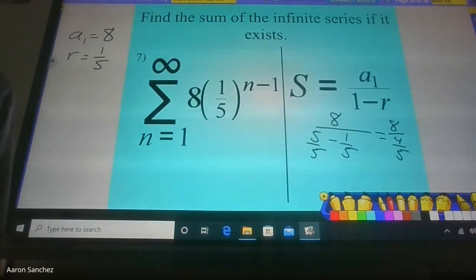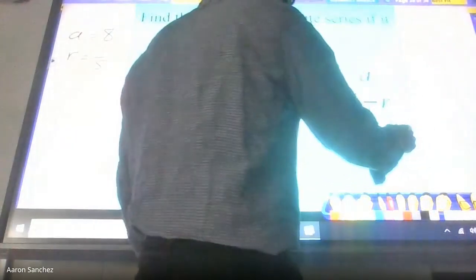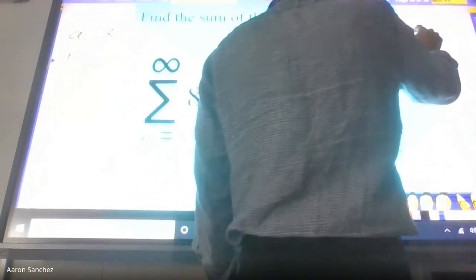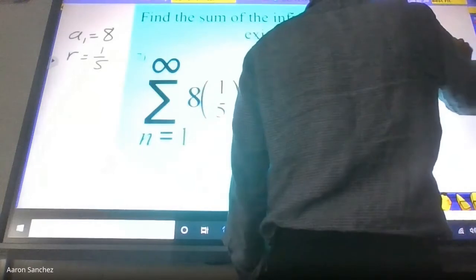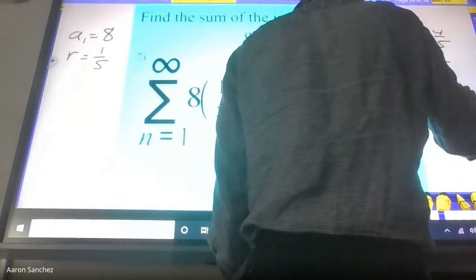It's 10. Sounds right to me, but let's work it out. 8 divided by 4/5 is the same as 8 times 5 over 4.